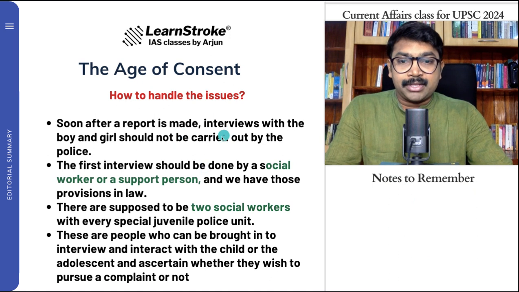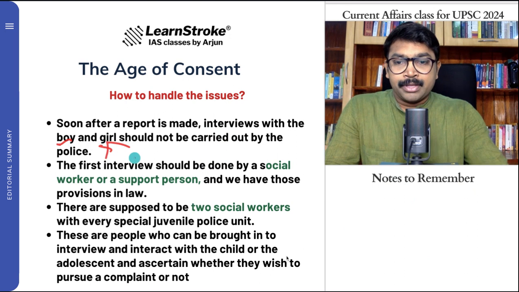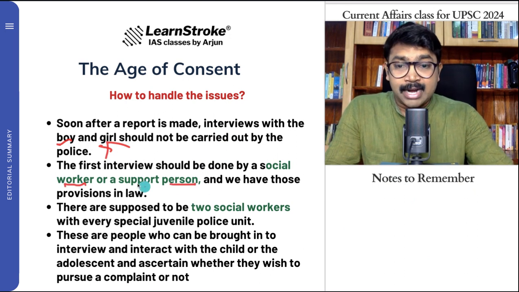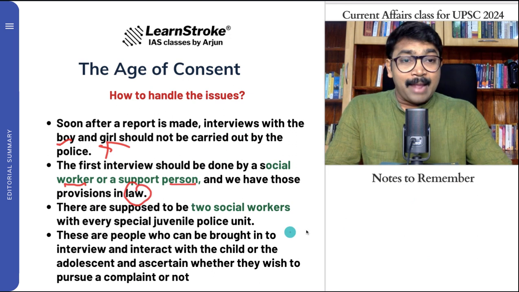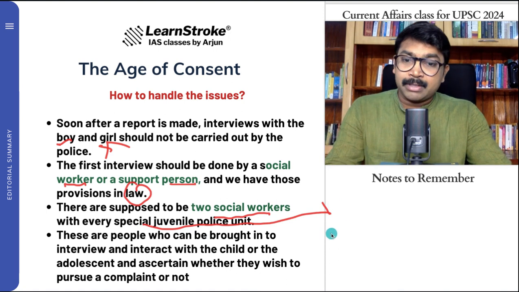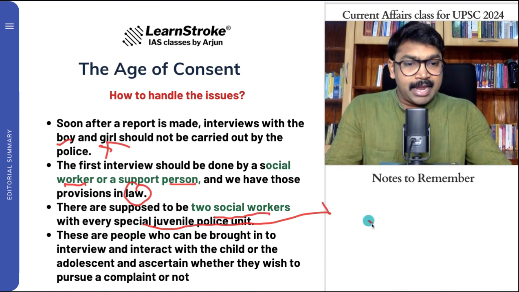Soon after the report is made, interviews with the boy and girl should not be carried out by the police. First, the interview should be done by a social worker or a support person, and that is actually in law. There are supposed to be 2 social workers in every special juvenile police unit. I don't know how many police units have that, but according to the law, 2 social workers should be there.